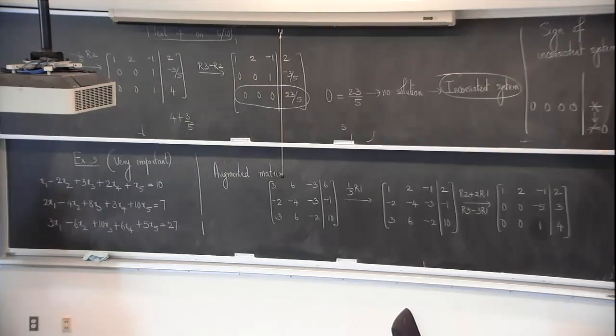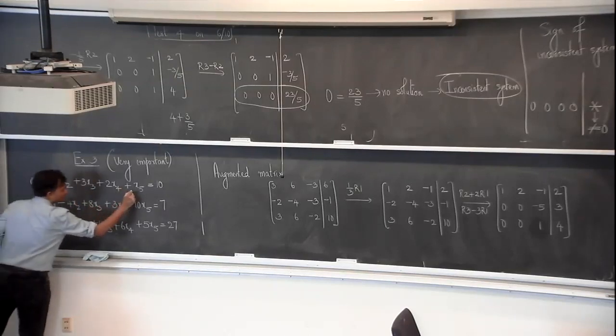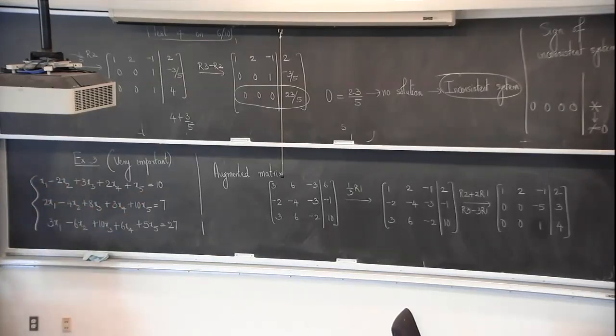What is the first thing you observe here? That's it. I don't have any more equations to give you. So there are 1, 2, 3 equations and 5 variables. So what is wrong with the system?